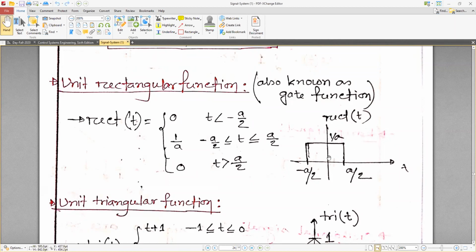Now see, the rectangular function is also known as the gate function.